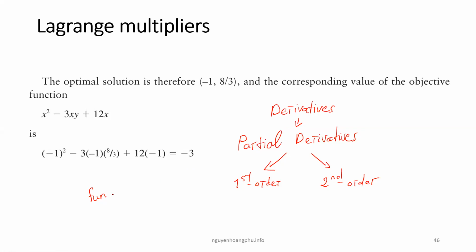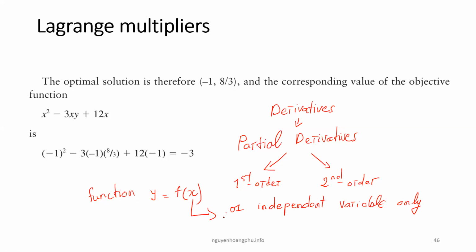From chapter 1 to chapter 4, we have a function, right? Y could be a function of x only. So here we have only one independent variable, right, only one. And of course, another one is the dependent variable.